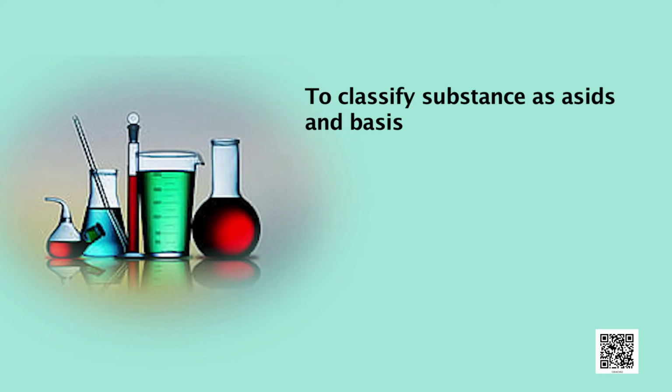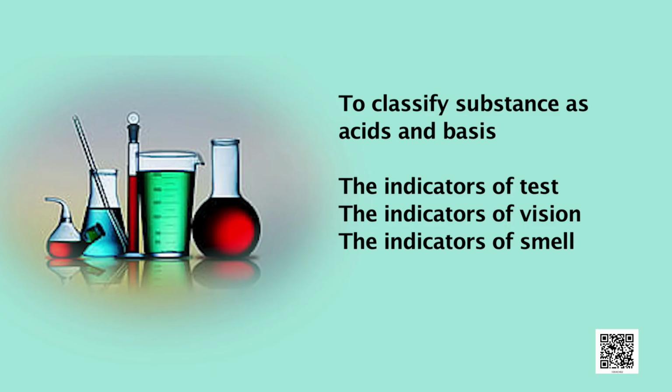So, that was all for today, and what we have learnt. We know now how to classify substances as acids and bases. We know the three types of indicators: indicators of taste, indicators of vision and indicators of smell. And we know how to plan and design experiments so that you can use these indicators to classify the substances that you lay hands on as acids or bases.